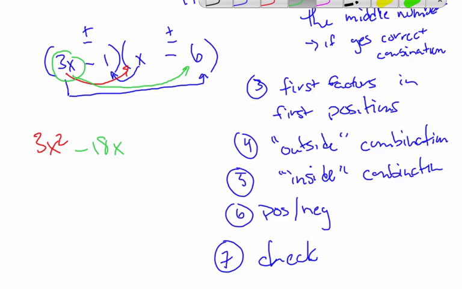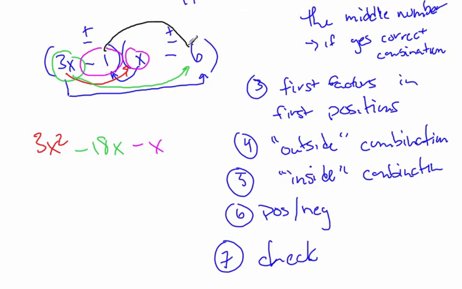Inside, negative 1x, negative x. And then last, plus 6. That is plus 6. So 3x squared minus 19x plus 6. Very nice.